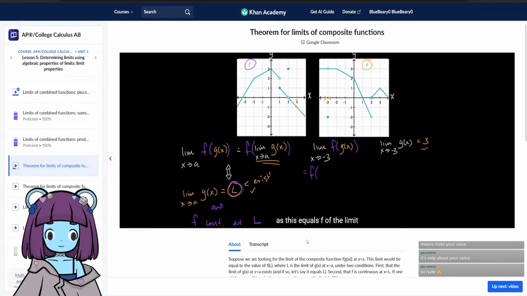Equals f of the limit, equal to -1. So this means you can.